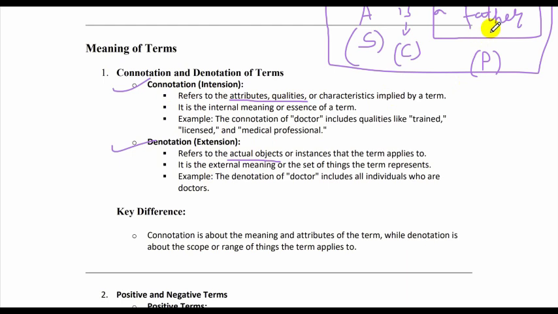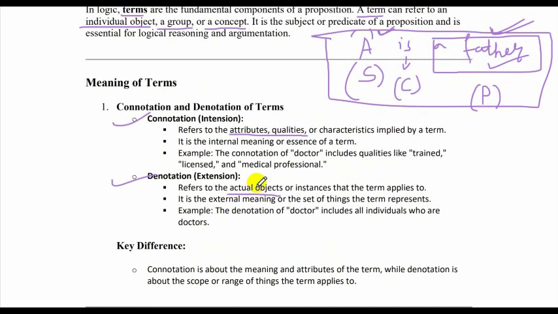So we can say denotation is father, and connotation means the qualities of a father: loving, caring, providing for the children, married, adult, and so on. So it refers to the attributes, the qualities, or the characteristics implied by a term.